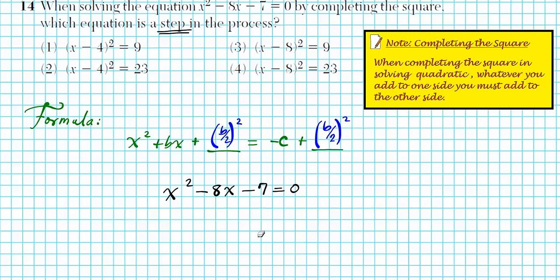Now, the first step is to create an incomplete square on the left side. To accomplish that, I'll toss the C term to the right and add 7 to both sides. I don't know if it creates a perfect square trinomial. I'm just going to toss it over there and see what happens. Now, it's moved to the other side and is equal to 7.